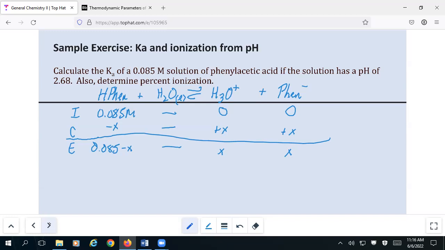Now, the important piece of information here that we're given is that the pH of this acid is 2.68, which means we know, from the kinds of problems that we were just doing in the previous set, that the hydronium concentration would be equal to the antilog of that pH, 10 to the negative 2.68.